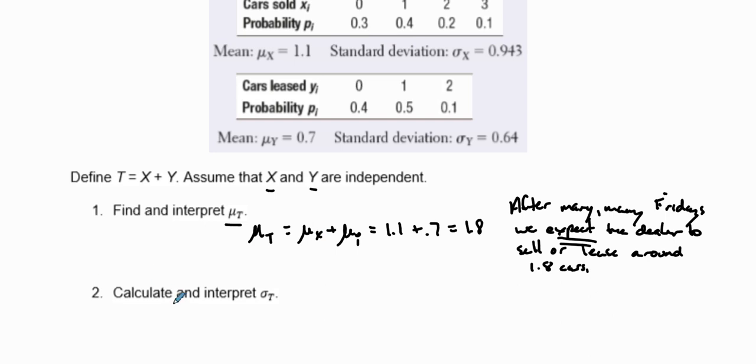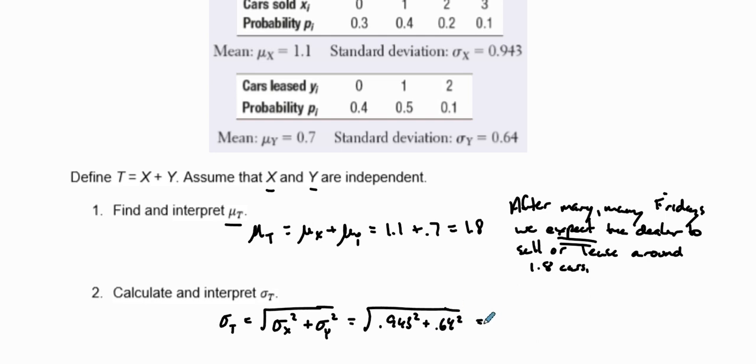Now let's calculate and interpret the standard deviation of T. Remember, we're going to take our variance. I'm going to take the variance of X and add that to the variance of Y, which would equal the square root of 0.943 squared plus 0.64 squared.